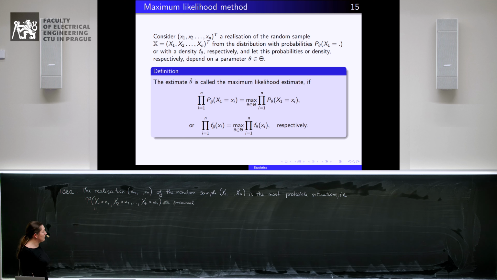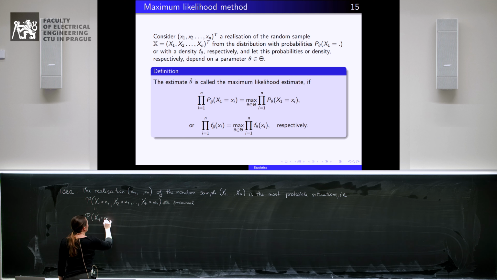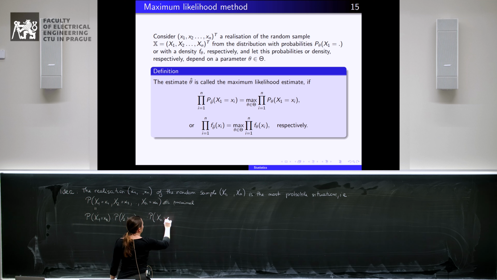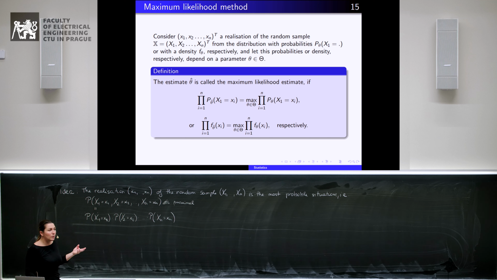This probability is in fact equal to the product of the marginal probabilities, and again we have a model.